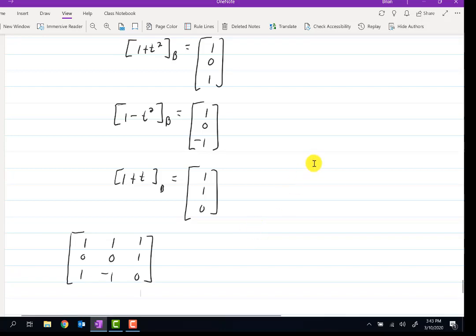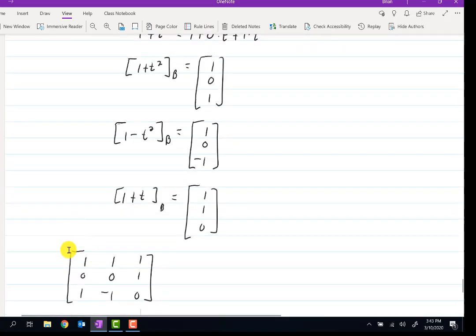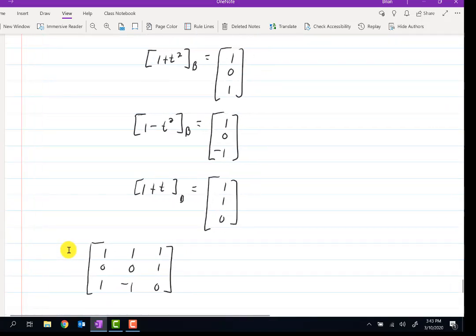But that's the representation of these vectors in the B basis. So what I'm going to do is determine if this matrix is invertible. Then I'll have that the items are 1 to 1 and onto, or in a more vector space oriented way, by showing this is invertible, I'll be able to show that the vectors are linearly independent at the same time as showing that they span, because this is a 3 by 3 matrix.